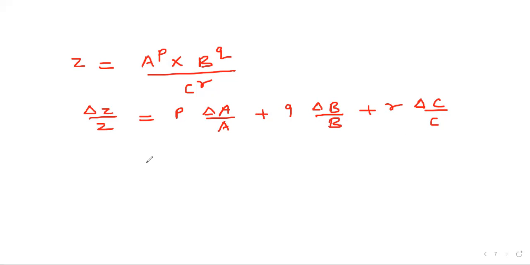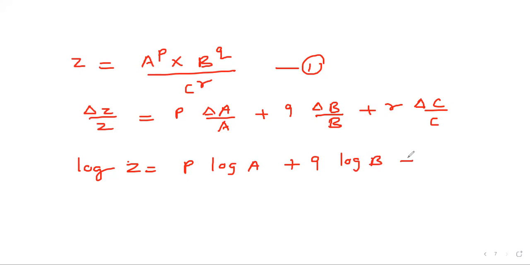So we can write here, suppose this is equation number 1, we take log of both sides. So log Z will be equal to P times log A plus Q times log B plus R times log C. And then we differentiate it.